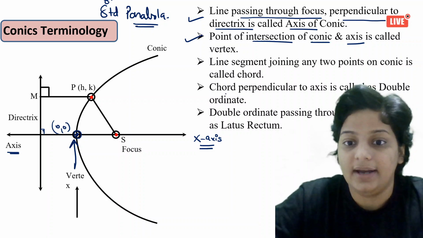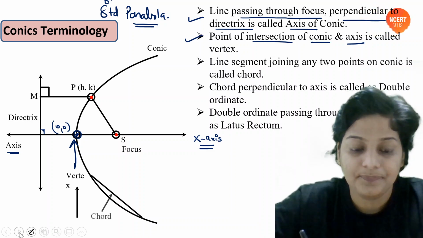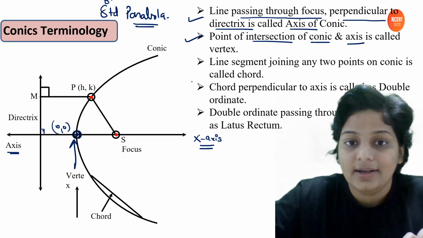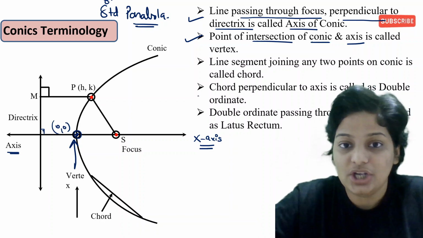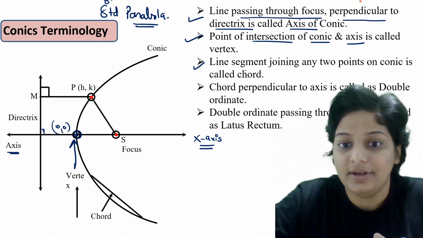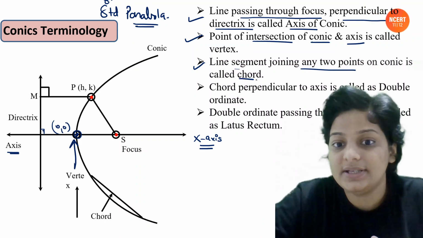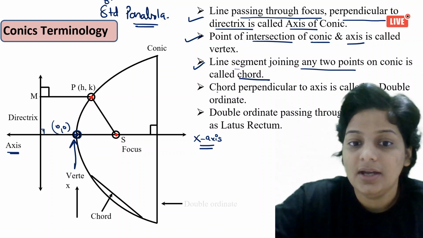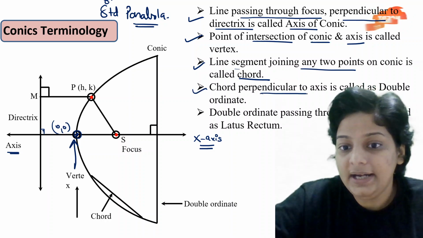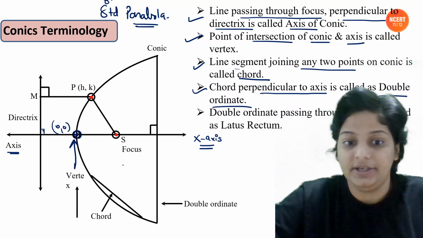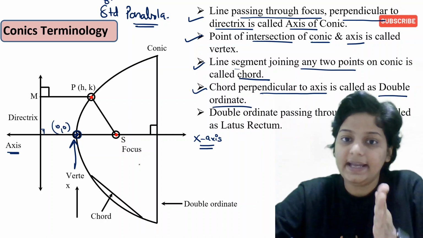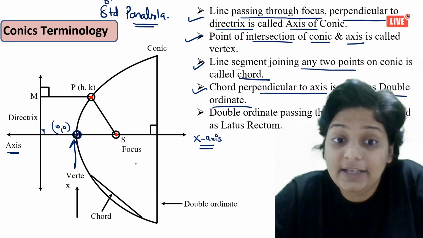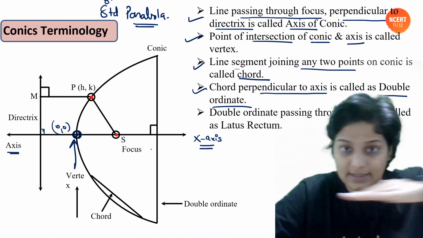So second point done. Then we have any two points which are joining on a conic section is called as a chord. So line segment joining any two points is called as a chord. Next, very important, a chord which is perpendicular to the axis is called as double ordinate. अब ये भी एक chord ही है, it is joining two points but it's perpendicular to the axis, which is like this.